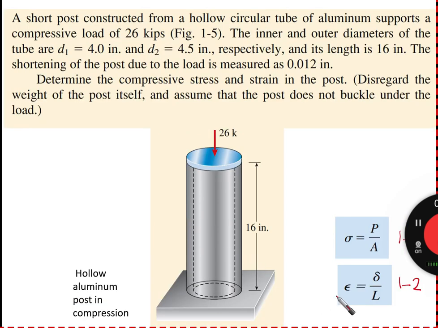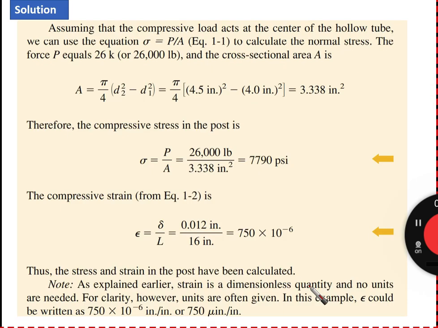Remember, we were talking about this one. Epsilon equals delta over L. Delta already is given, which is 0.012 inch over 16 inches. This gives us this value, 750 times 10 to the power minus 6.